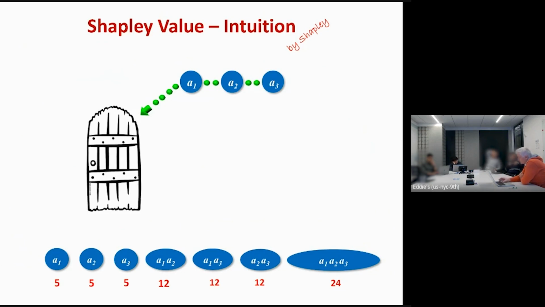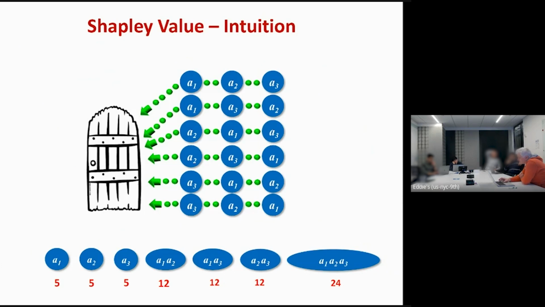A different way of thinking about the Shapley value is as follows. You have a game, and players come into the game in different orders.